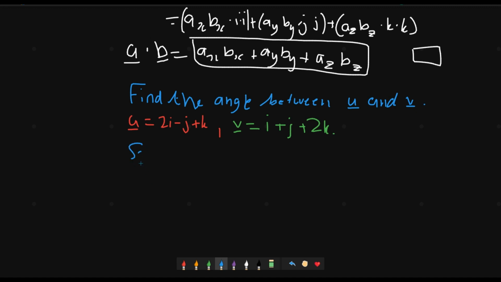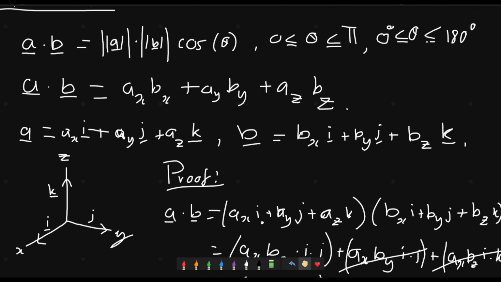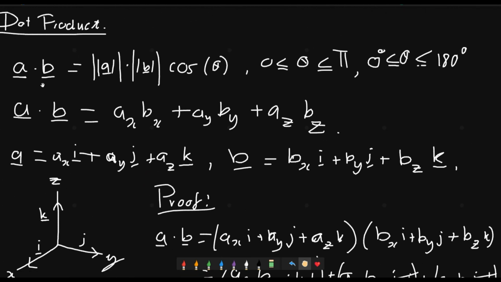So solution. Well, let's write down the formulas which are going to be helpful. Well, of course, we're going to have to use that a dot b is equal to the magnitude of a times magnitude of b times cosine theta.